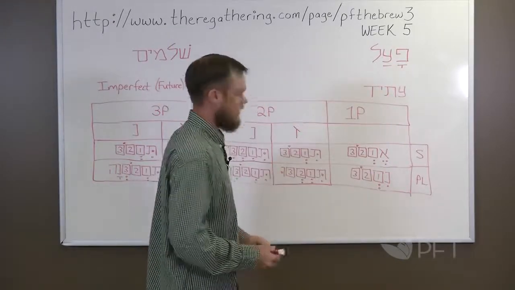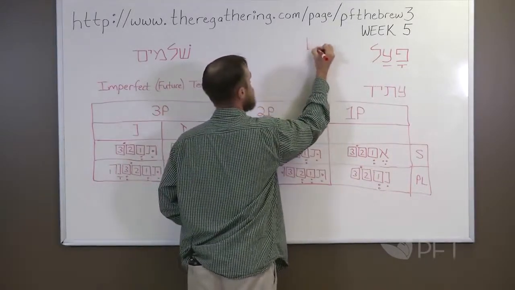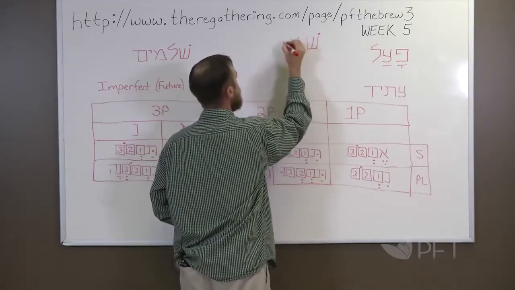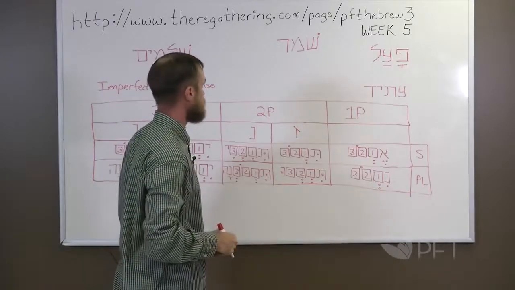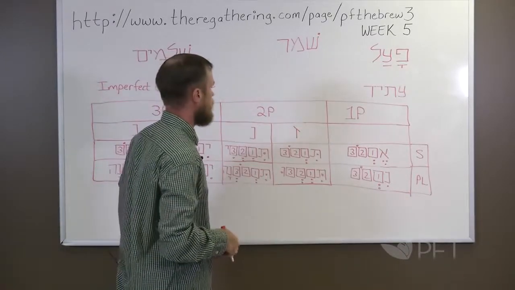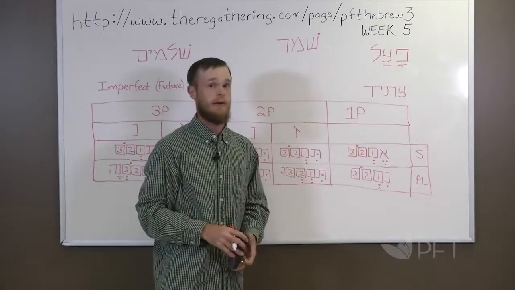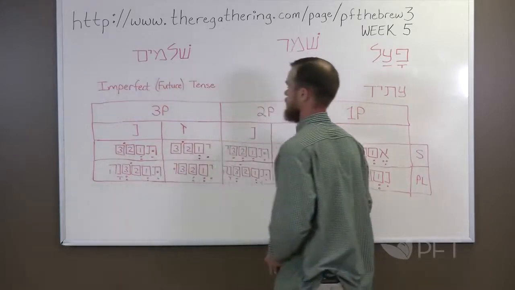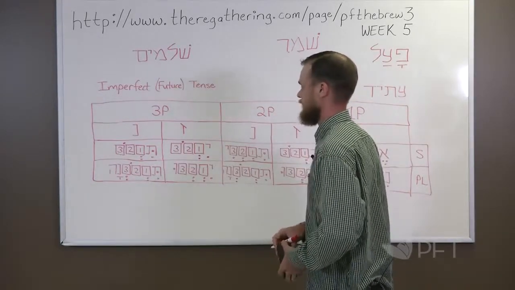Now the root we used last time was shin mem resh, which means to keep, and so we will use that for the future tense as well as the past. I won't belabor the point on this, but I am going to use the pronouns again just so you see them and make some notes as to some of these patterns, because the future is a little different than the past.